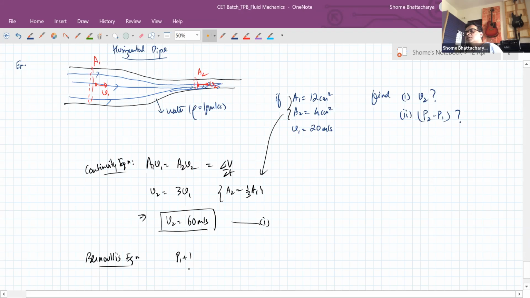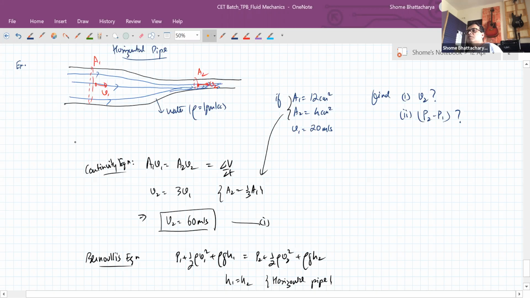That is P1 plus half rho V1 square plus rho g H1 is equal to P2 plus half rho V2 square plus rho g H2. So first thing we notice here is that H1 is equal to H2 because it's a horizontal pipe.